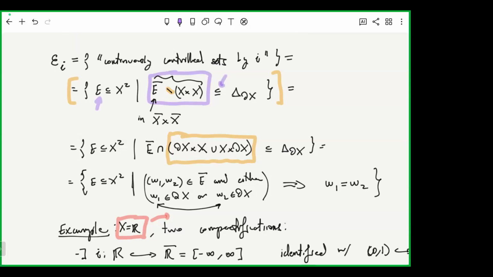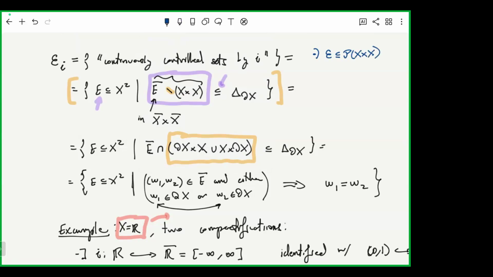So that has nothing much to do with the topology unless the compactness. Exactly, that's an interesting question. Thank you. The idea here is that in general, this is a family of subsets of X squared.